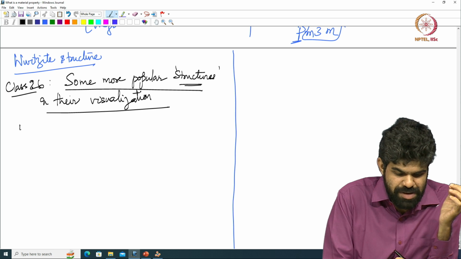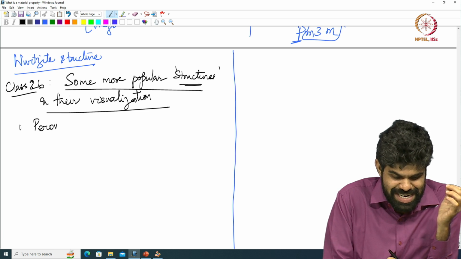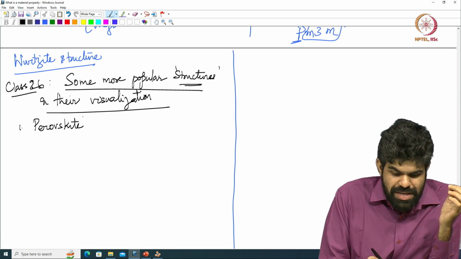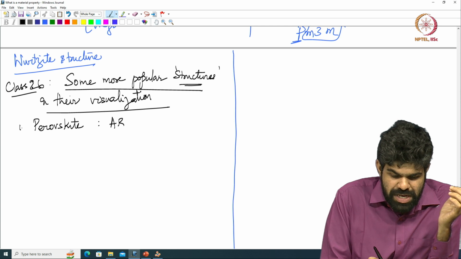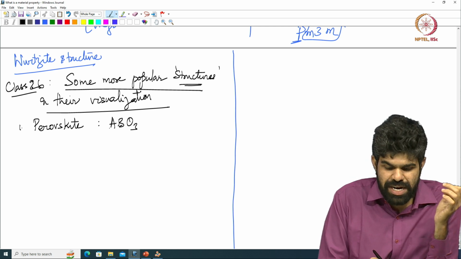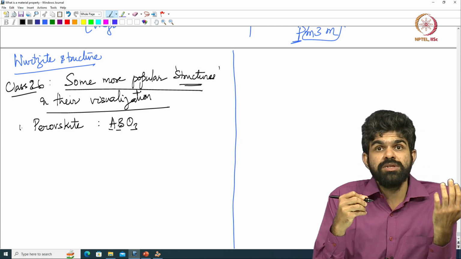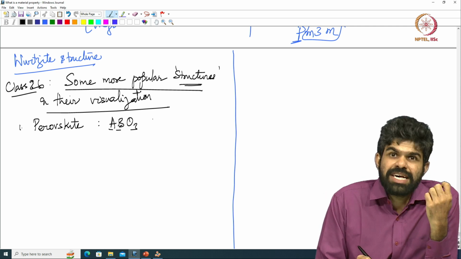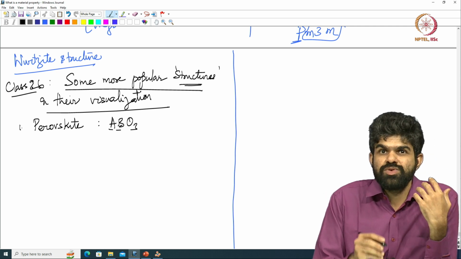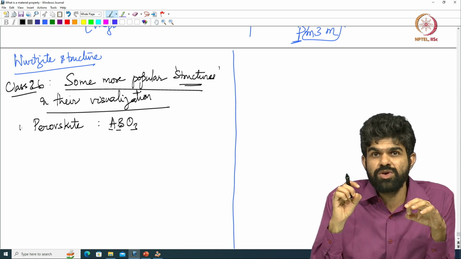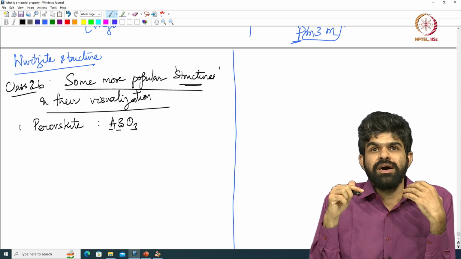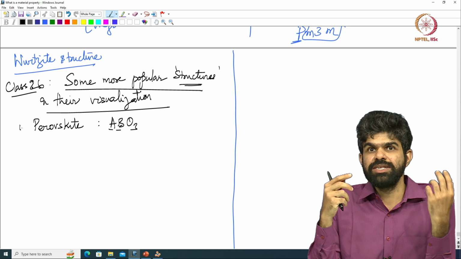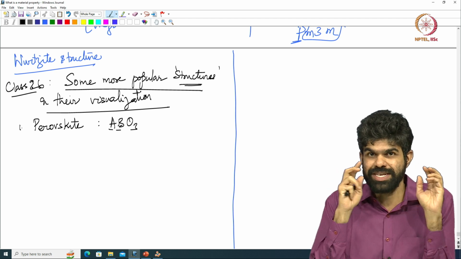For example, if I call something a perovskite structure, we looked at this, right. Something which has a chemical composition ABO3, where A is a cation, B is a cation, O is oxygen, or O can be any anion also, right. So this has a particular structure. A atoms sit in the corners of a cube, or something that looks like a cube. It does not need to be a cube, there is a pseudo cubic unit itself, that is what we said.